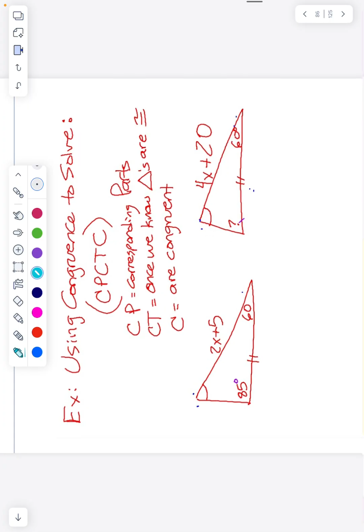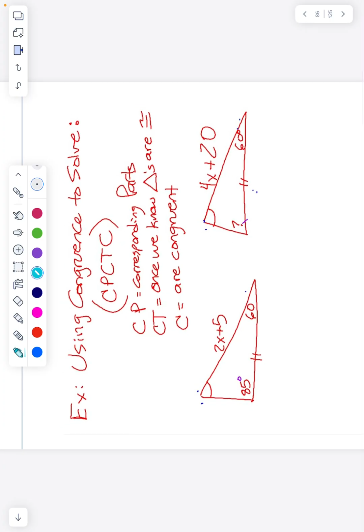So let's look at this one. It's not on your paper, but just look up here. Are these triangles congruent? That's where you start. So I'm going to ask that question. Are the triangles congruent? Do we know for sure? You can use certain details to say that it is congruent.